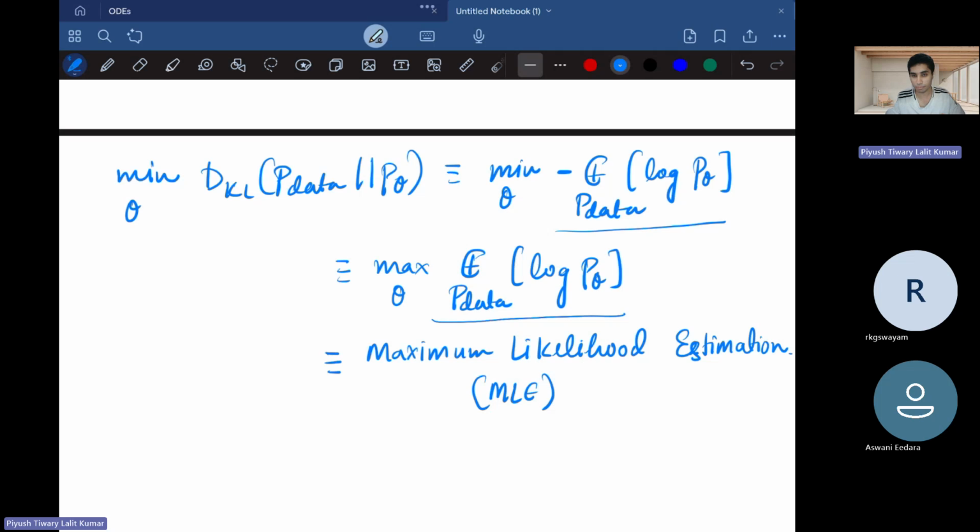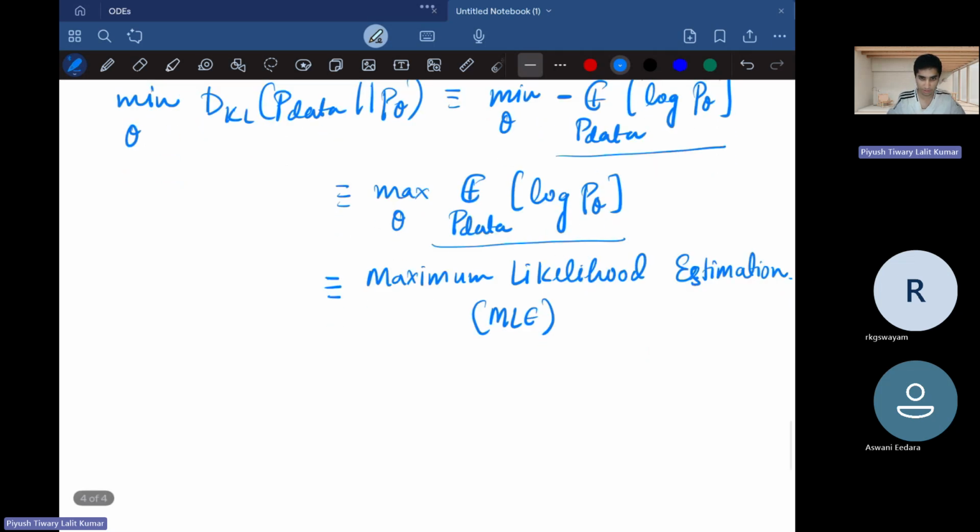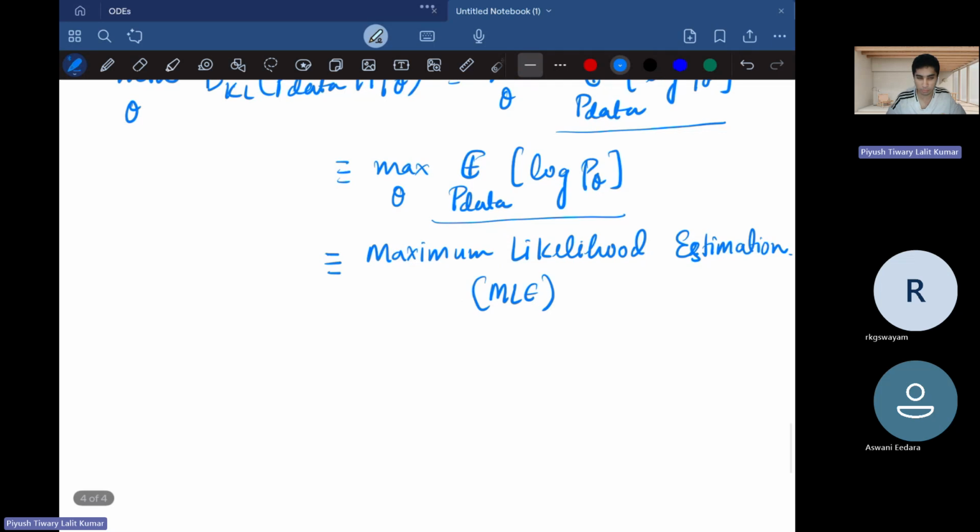Cross entropy is something which nowadays is very much associated with classification problems. But even in generative modeling, you are using cross entropy, which results in this. Perhaps this is more intuitive to people: you are maximizing the log likelihood of P theta with respect to data. That is why they call it MLE.